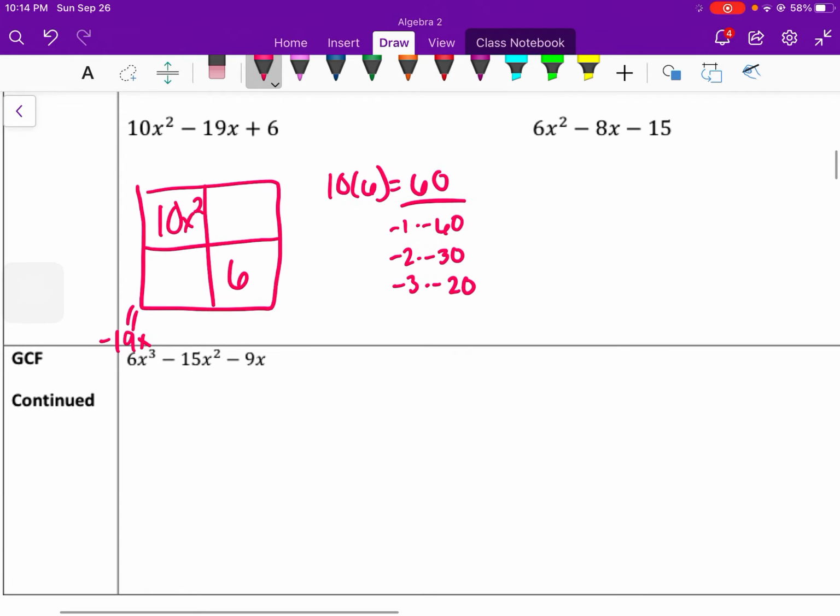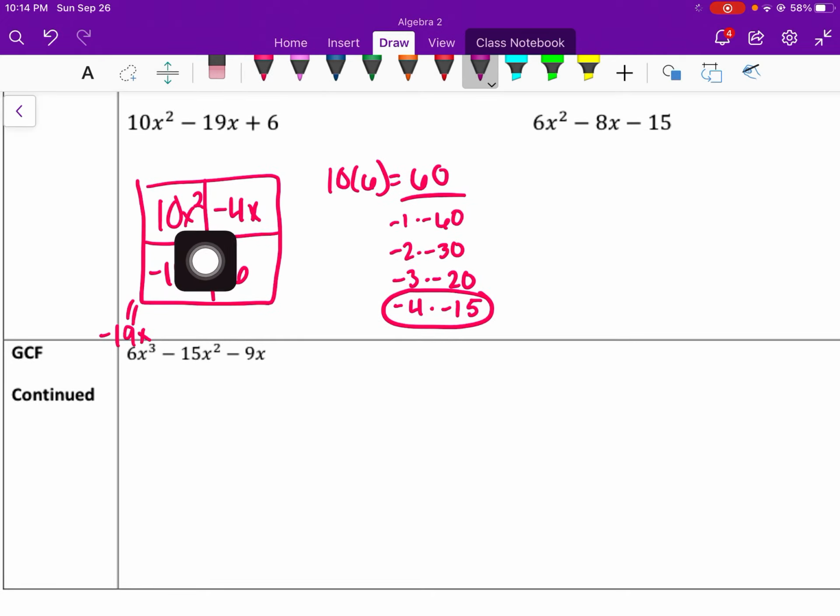negative 4 and negative 15, that makes negative 19. So negative 4x and negative 15x make negative 19x, and negative 4 times negative 15 multiplies to 60.